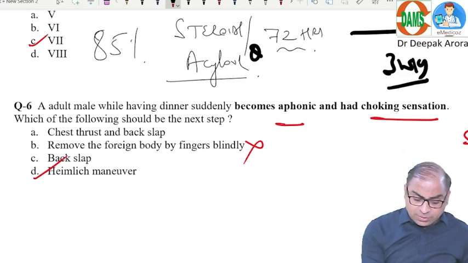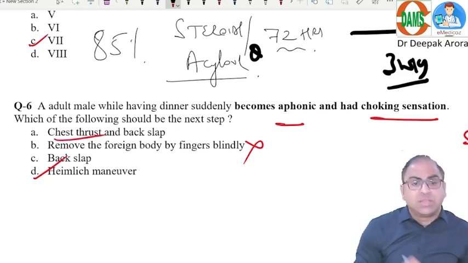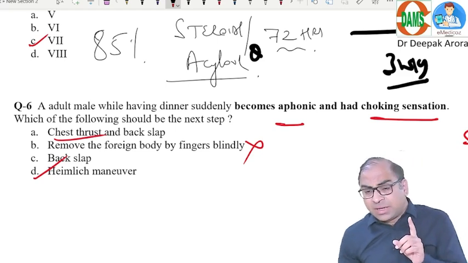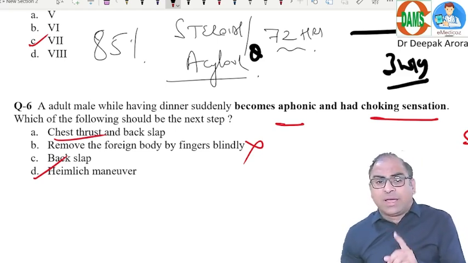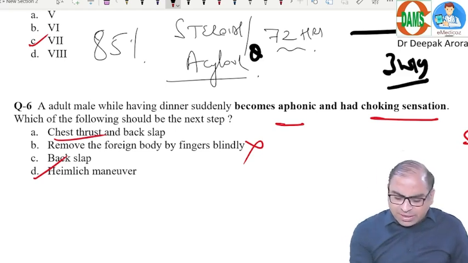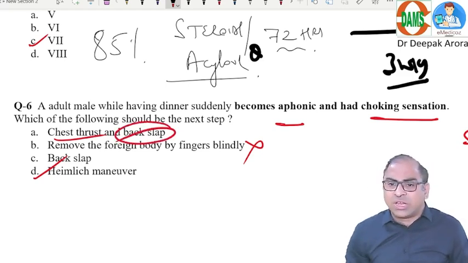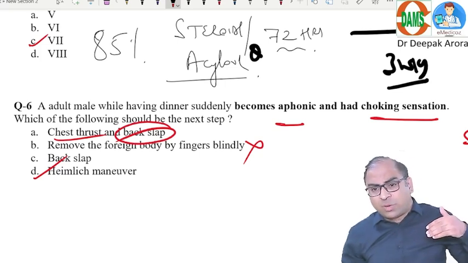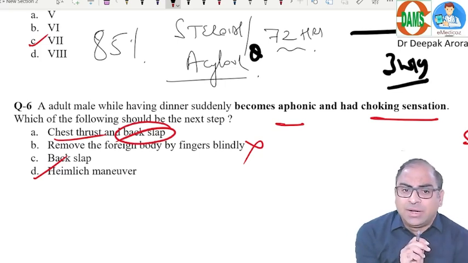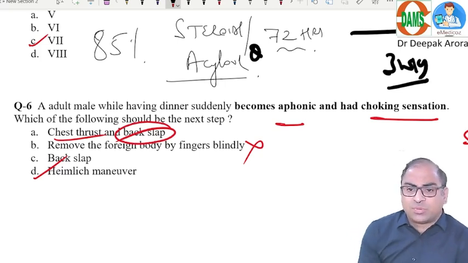Just remember this point: chest thrust will not give results as good as the Heimlich maneuver. Back slap sometimes aggravates the scenario, sometimes it forces the foreign body deep into the lungs, so it is not advisable. Again, answer will be D option. Clear? The best option will be D option.